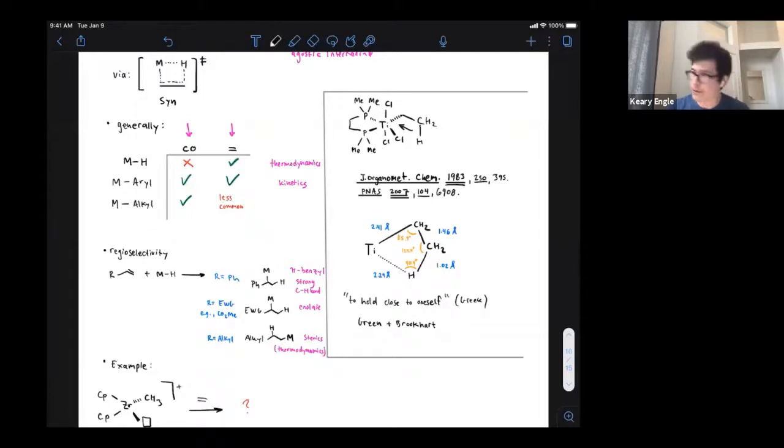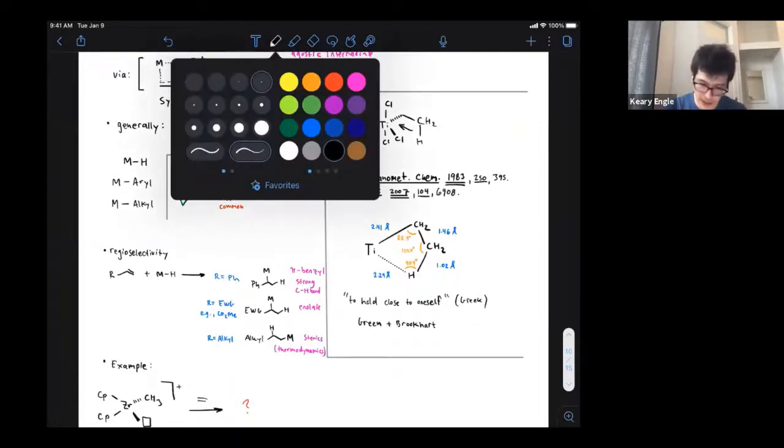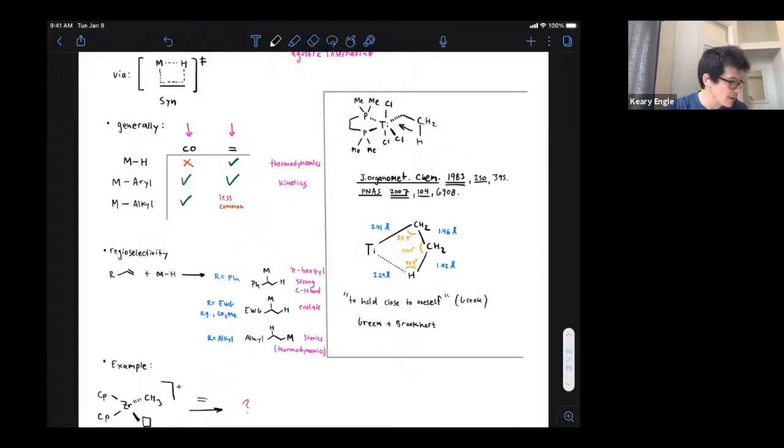One of the interesting features, I'll just take 30 seconds to unpack this. If you do the electron inventory on this complex, you'll see that it's titanium 4+, d0, and then an overall electron count of 12.